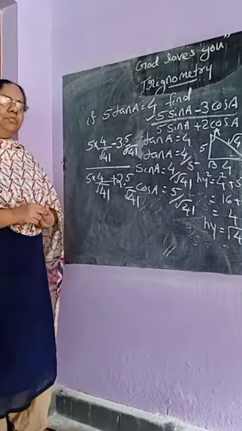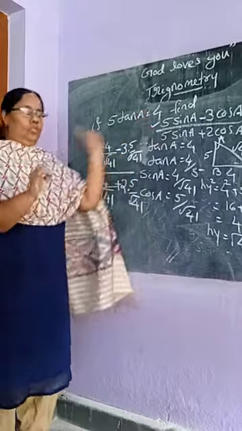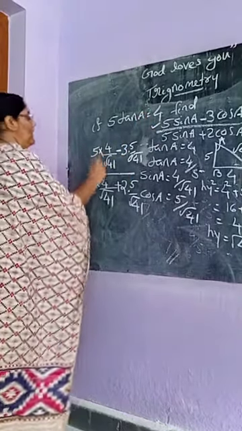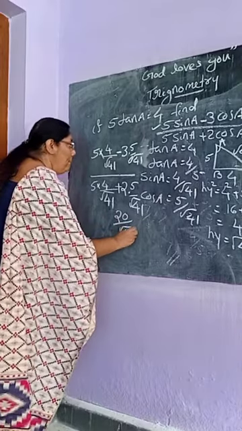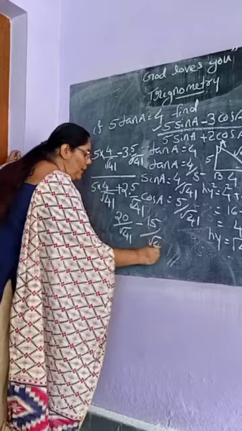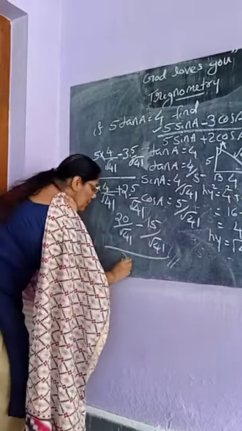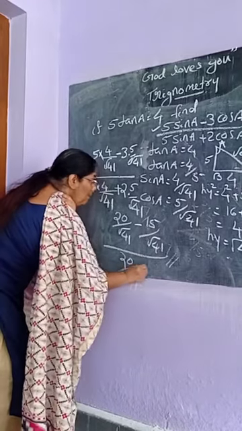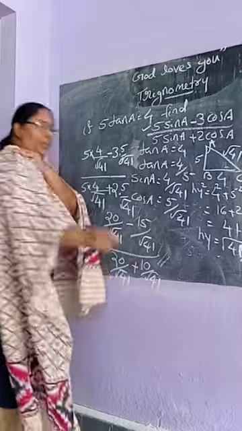Okay, just substitute the values of sin A and cos A in the given question. Can you say what is 5 fours are? 20 by root 41 minus 3 5s are 15 by root 41 divided by 5 4s are 20 by root 41 plus 10 by root 41.